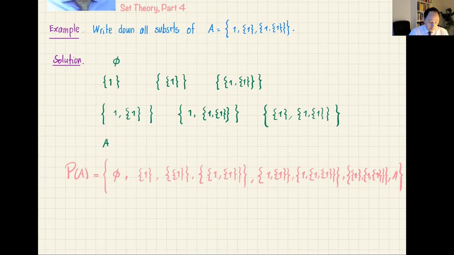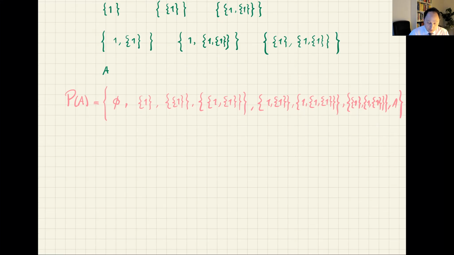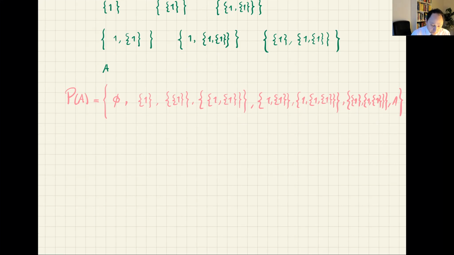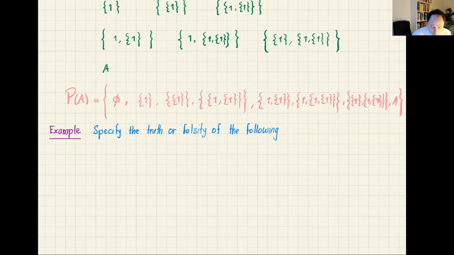Okay, let me write another example for you and give you a little bit of time to think about this. Example. Specify the truth or falsity of the following statements.